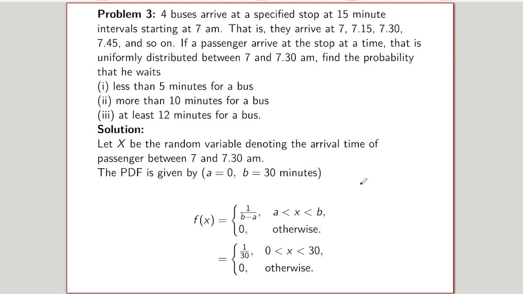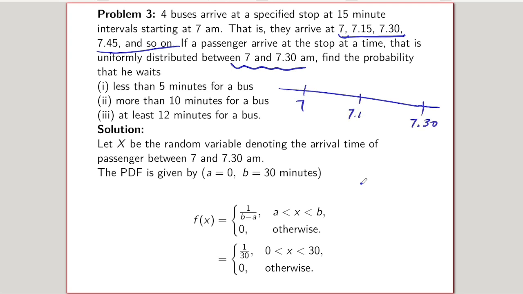Next question. Buses arrive at a specified stop at 15-minute intervals starting at 7 a.m. That is, they arrive at 7, 7:15, 7:30, 7:45 and so on. A passenger arrives at the stop at a time uniformly distributed between 7 and 7:30. So note that between 7 and 7:30 a passenger arrives.